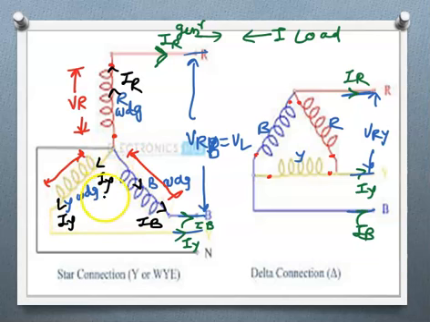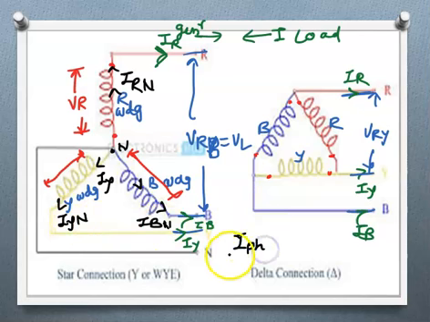This is called phase current, and this is the neutral point. For direction we will say from neutral to Y, so IYN will be the current. From neutral to this supply, IRN, and from this neutral point the current is coming, and here IBN. So these are called phase currents, denoted by capital I suffix PH.